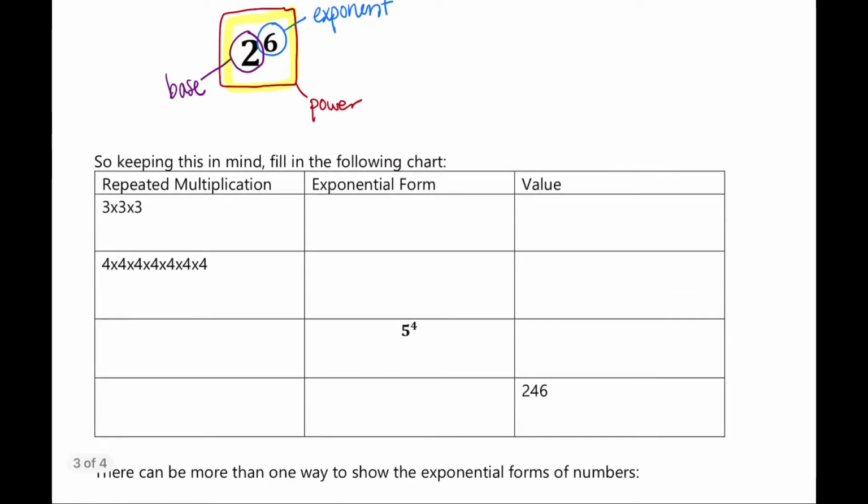So keeping this in mind, fill in the following chart. Repeated multiplication, it says 3 times 3 times 3. And if we were to write that in exponential form, it's 3 to the power of 3. We know the value of this is 27.